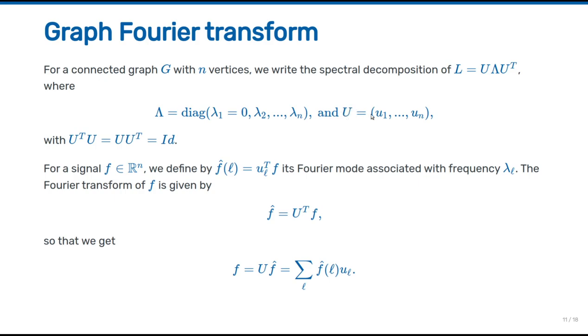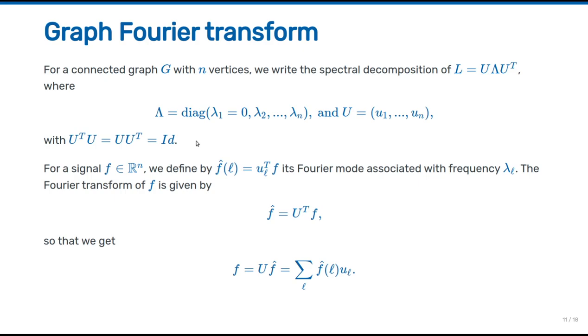And the U matrix contains u1, u2, ..., un, the eigenvectors associated to the eigenvalues lambda 1, lambda 2, ..., lambda n. They are normalized, so U transpose U is equal to U U transpose, which is the identity matrix.